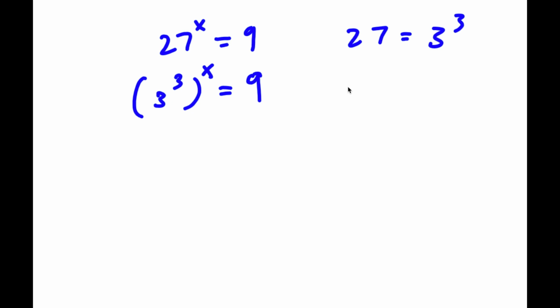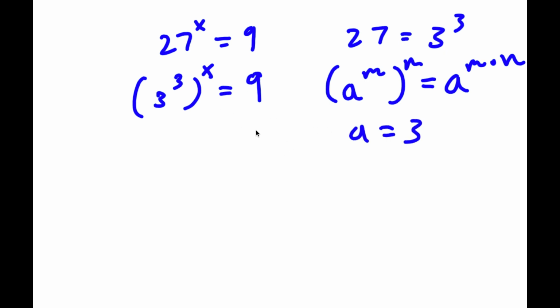And now if I have something in the form a to the power of m to the power of n, this is actually equal to a to the power of m times n. So for 3 to the power of 3 to the power of x, we can think of a as 3 in this case, m as 3, and n as x.